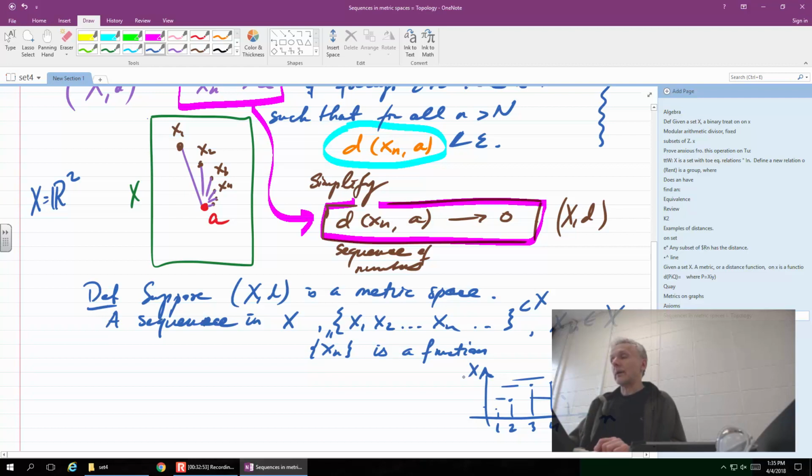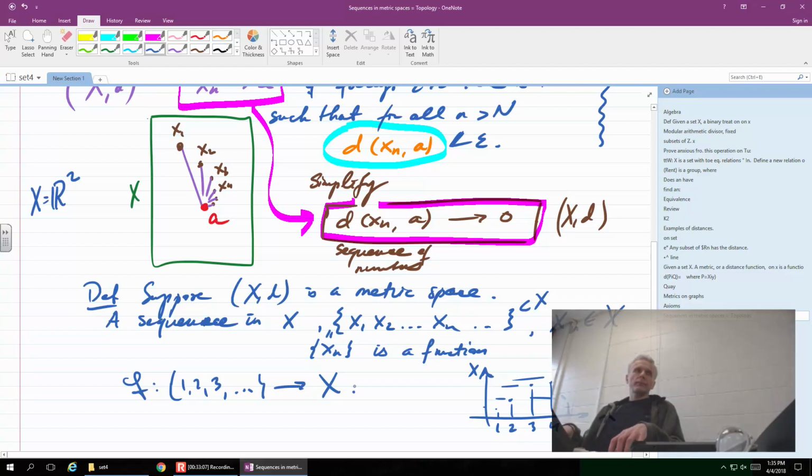So it's a function. Say if you want to call it f, it will be from 1, 2, 3, and so on, to X. Everything in set theory is either a set or a function on sets.